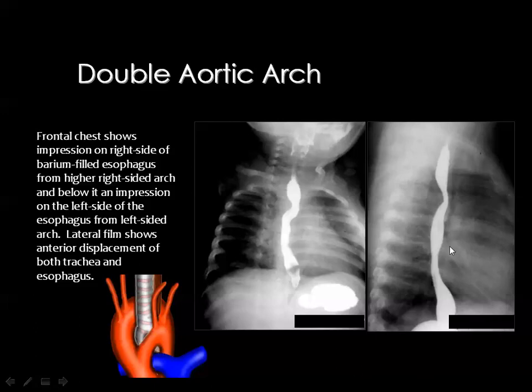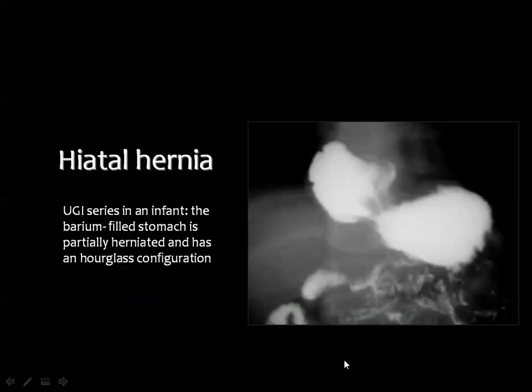And if you see indentation on the posterior aspect of the esophagus during barium swallowing, you should think of this impression as due to an abnormal vessel. And you think of vascular rings, and you should now have the CT angiography to assess the type and the degree of vascular ring.